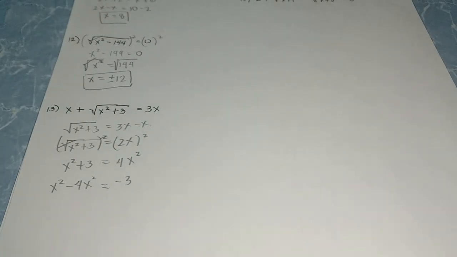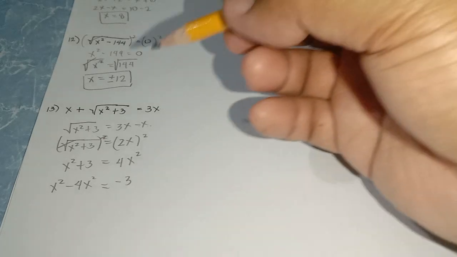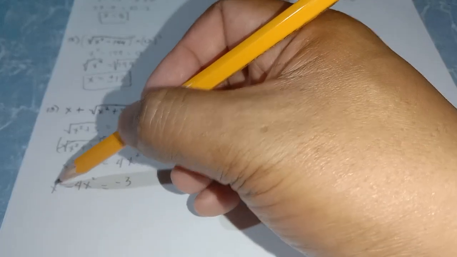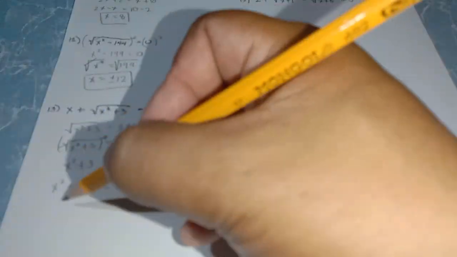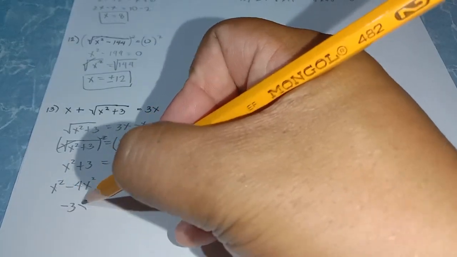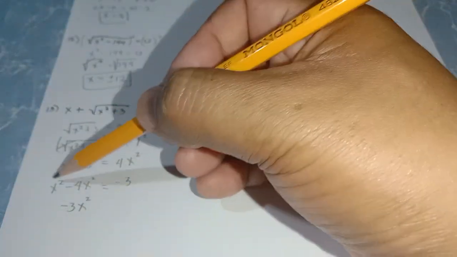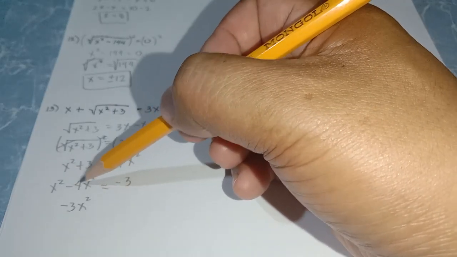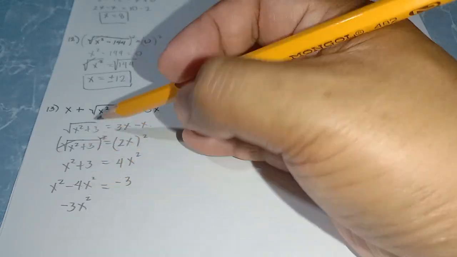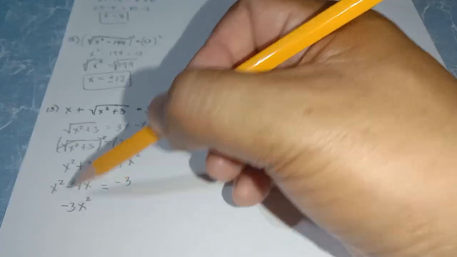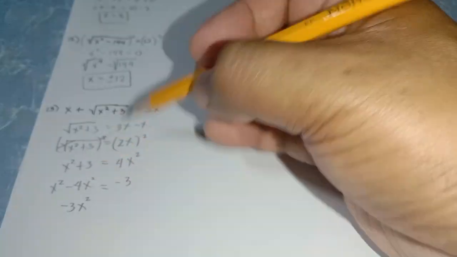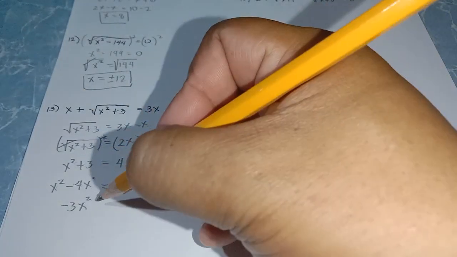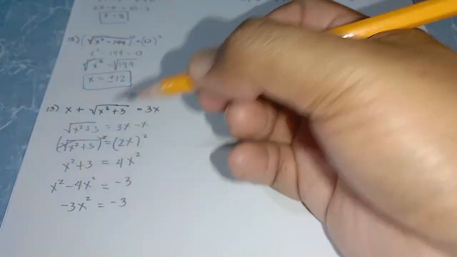Tama ba? Okay, so negative 3. And then, x squared minus 4x squared. So, negative 3x squared. So, may isa akong x squared, pero may apat akong negative, so change na, babawasan ko lang, pero negative kasi mas malaki ang pambawas. So, anong gagawin dito? So, copy lang, is equal to negative 3.